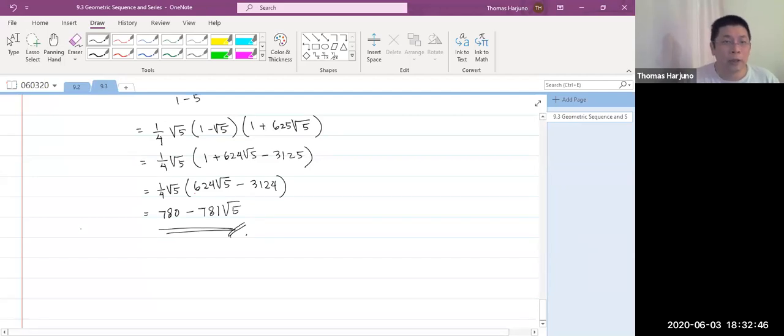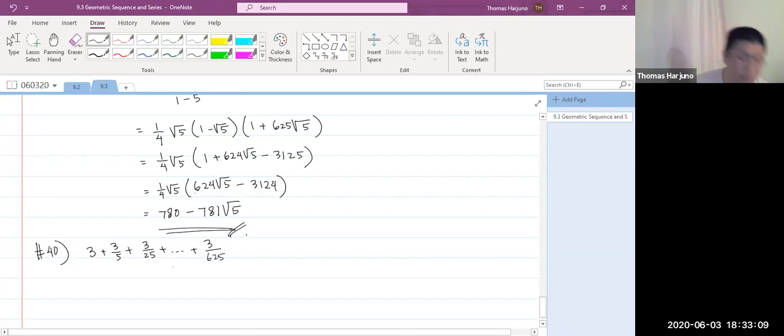Number 40. We have 3 plus 3 fifths plus 3 over 25 all the way to 3 over 625. Oh, okay, I'm just missing one term.